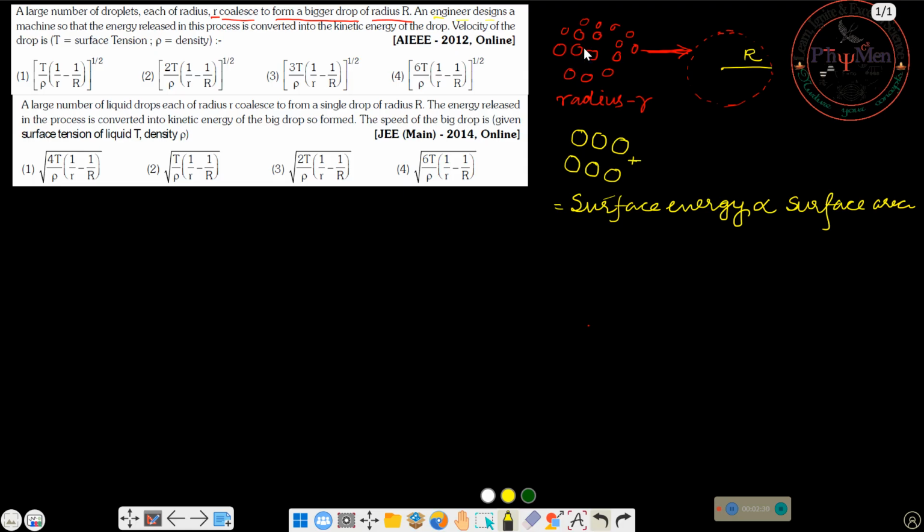Now if we add all the surface area of these, let there be n droplets, then the summation of surface area of n droplets will be more than that of this bigger drop.